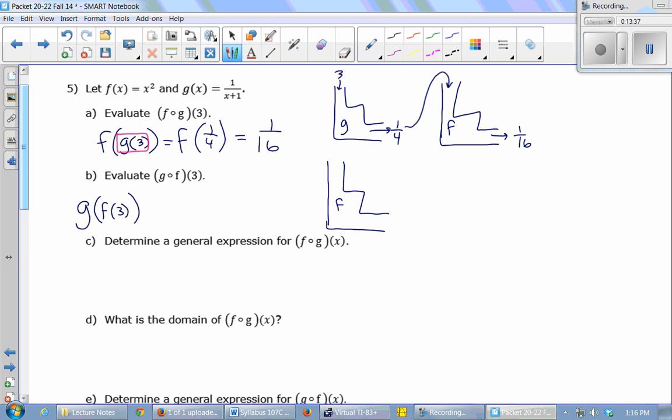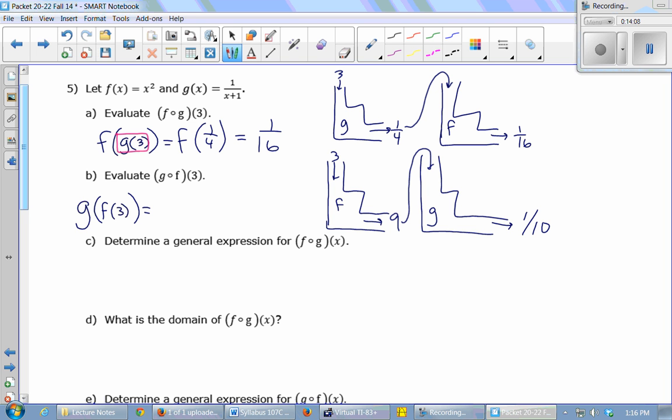I put a 3 in and turn the crank on the F machine. What does F turn 3 into? 9. Then you take that 9 and plug it into G. What does G do to 9? It makes it a 1/10. So G of F of 3, using pictures, you get a 10th.